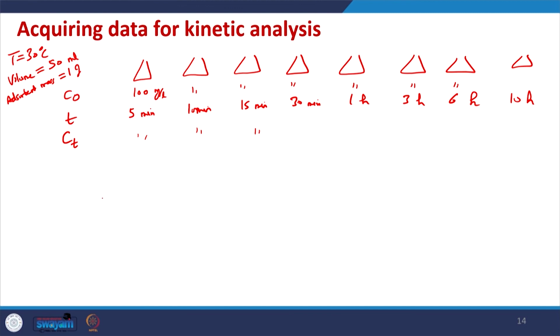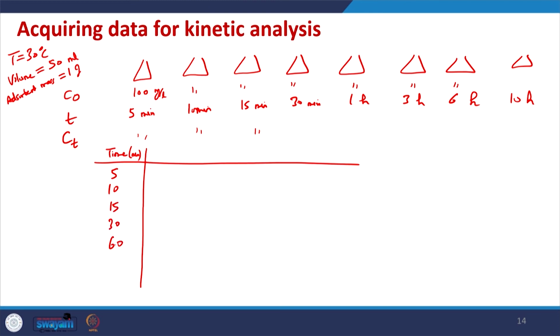If we plot it in a simple manner, this will be the time, in minutes. For example, 5, 10, 15, 30, 60, 180, 360 and then maybe 600 minutes. Initially each solution had a concentration of 100 milligram per liter, so there is nothing to write there.